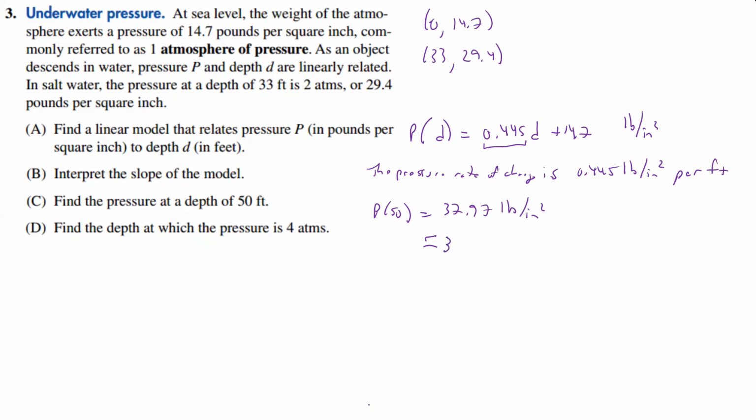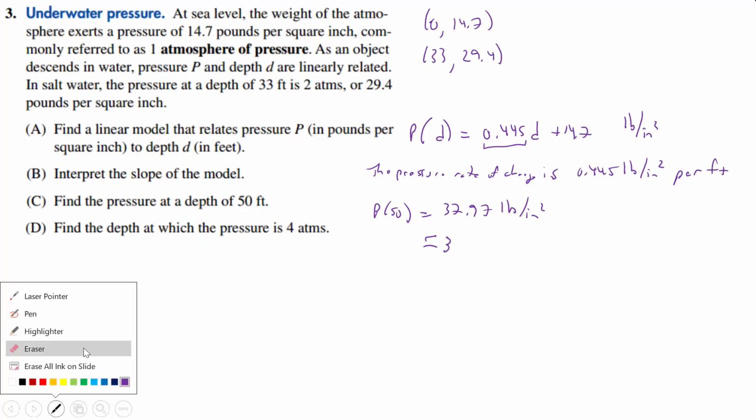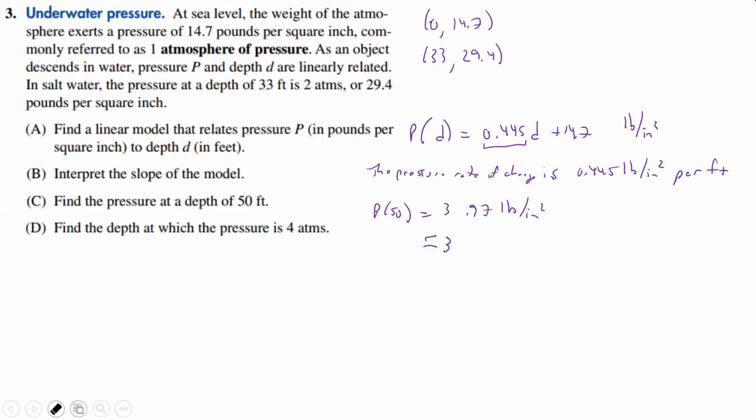Wait, did I say 37.97 or what did I say? I better look at that. I thought I said 36. Yeah, 36.97. Erase that. That's a 6. So 36.97, that's roughly 37 pounds per square inch when we round it to 1 decimal place like they have here.